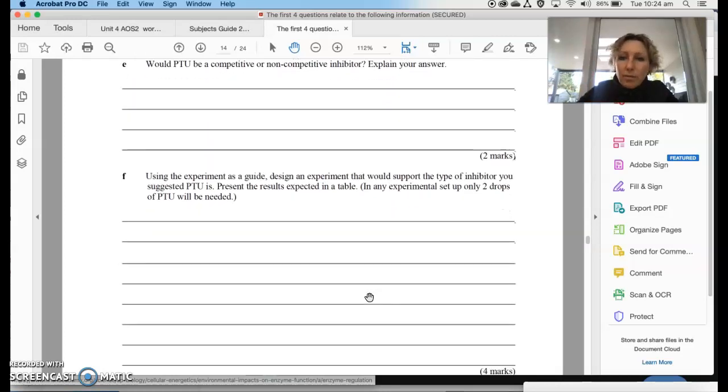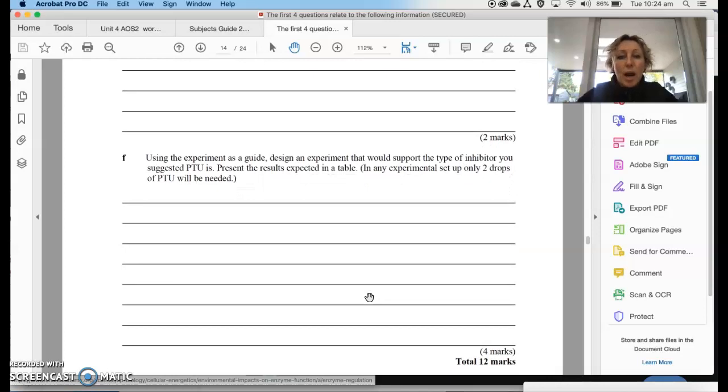So I've given you a very good clue about exactly what independent variable you're testing. The dependent variable remains the same. You're still looking for color change as an indication of the fact that that reaction has occurred. Pay close attention though to the fact that it is asking you to present the results in the table.